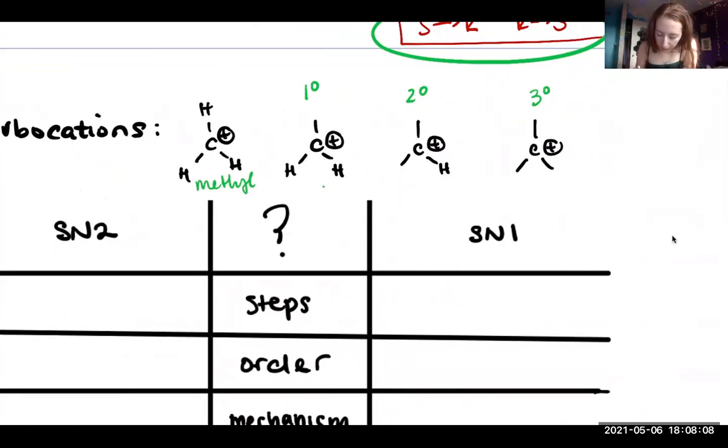Okay, so I'm going to explain why a tertiary carbocation is much more stable than something like a methyl or a primary carbocation, which is practically impossible in nature. A methyl group makes me concerned looking at it because that is so unstable. It's probably almost never going to exist.